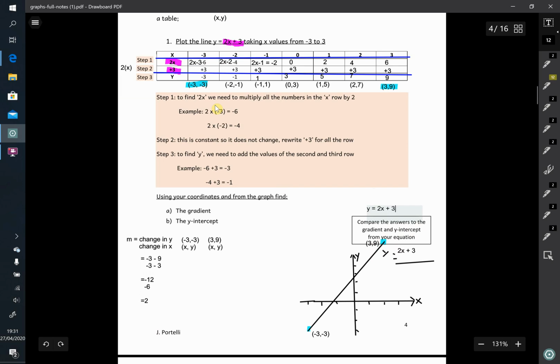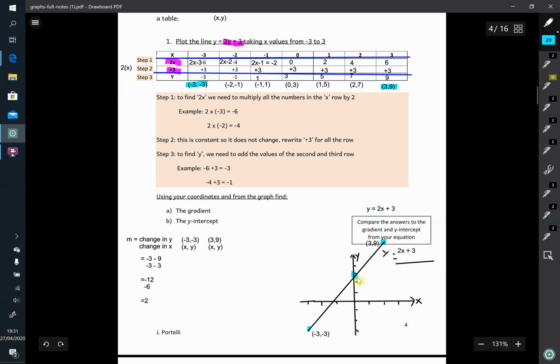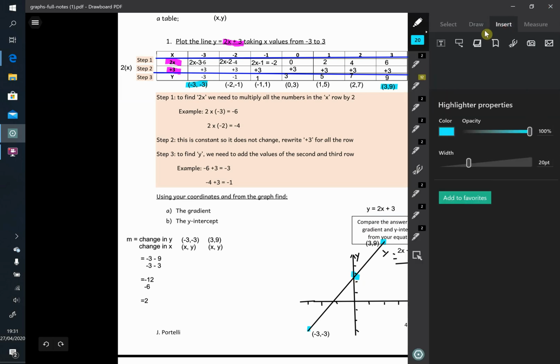So what does this mean? Why do I need to consider my equation? Because your equation is telling you that the gradient is 2, and I got 2. And my y-intercept is 3. So if I have to use my graph, where is the y-intercept? It is where the line cuts the y-axis, over here.